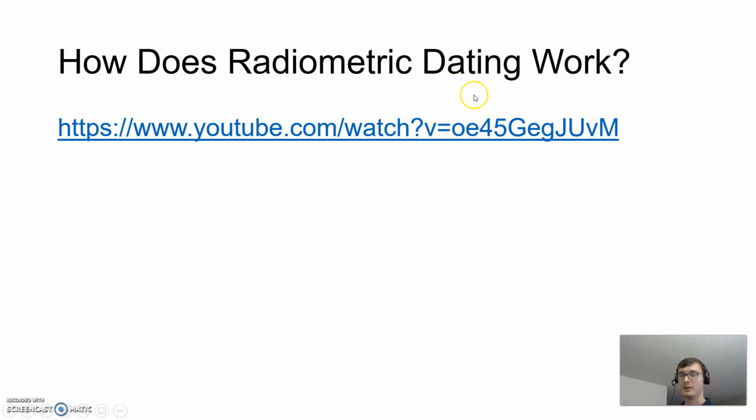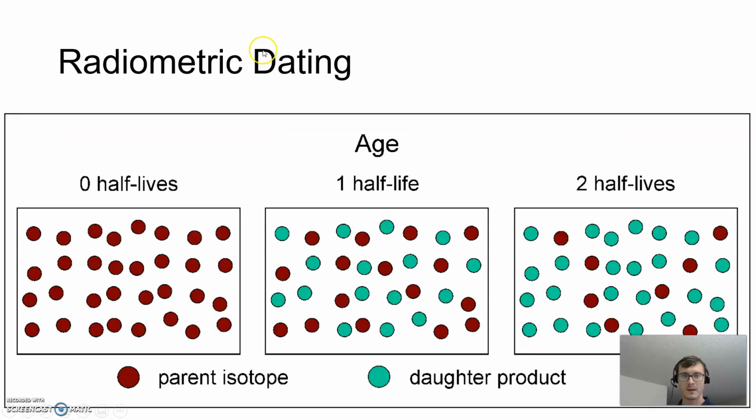You might want to watch this video if you'd rather hear these folks explain radiometric dating instead of me. I take no offense. The way radiometric dating works is you have a radioactive product here and a radioactive parent over here. So we start out, it's all parent, the entire thing.